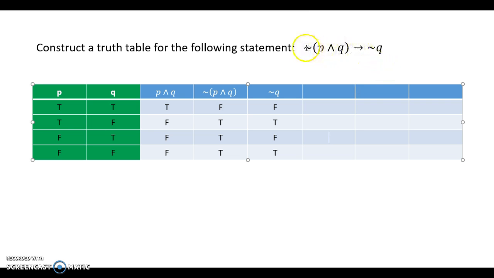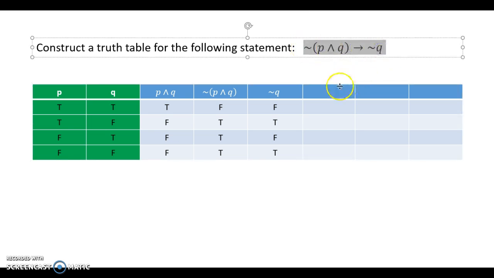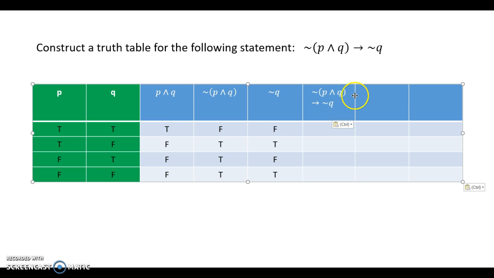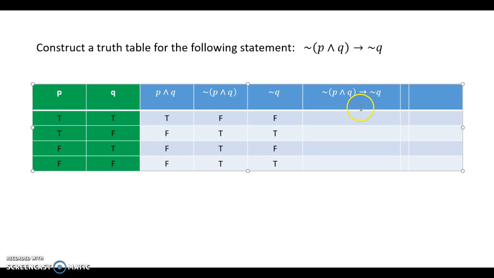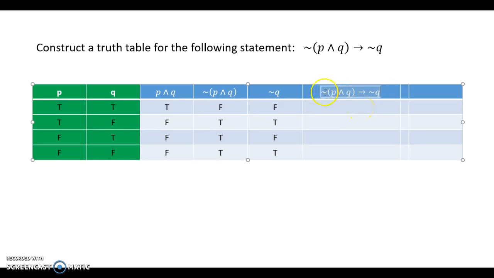Okay, so finally, we're ready now to do the implication, but how exactly does that work? So since we have this column here on the left side and this column on the right side, we can evaluate the implication.